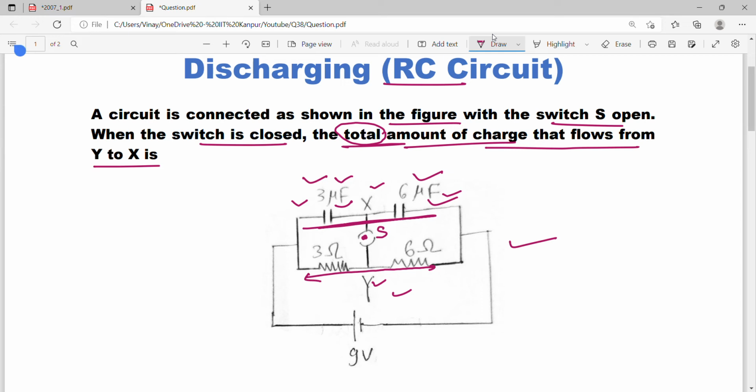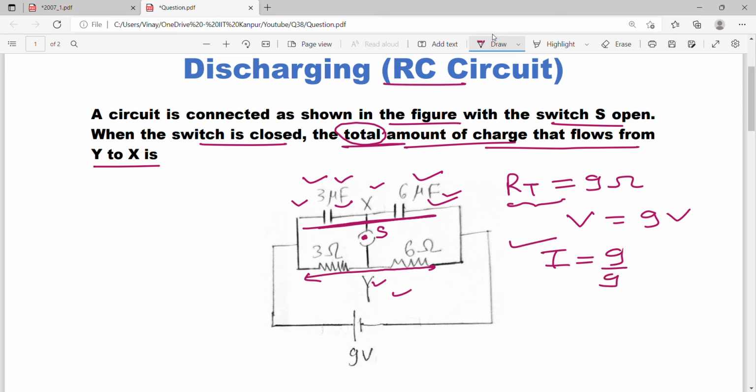Now tell me, what is the total resistance? 9 ohm, series 6 plus 3. Now what is the voltage across this total resistance? 9 volt. Now what is the total current? V upon R, so 9 upon 9, that is 1 ampere.